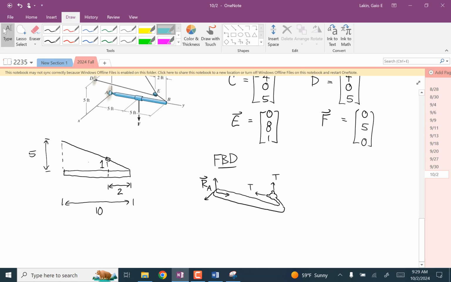And then the only other force we have is the downward force F. And when we get to putting this in Newton's law, or into the reduced row echelon form, or solving this system of equations by substitution, we're going to treat this like it's a constant and get everything else in terms of this value.